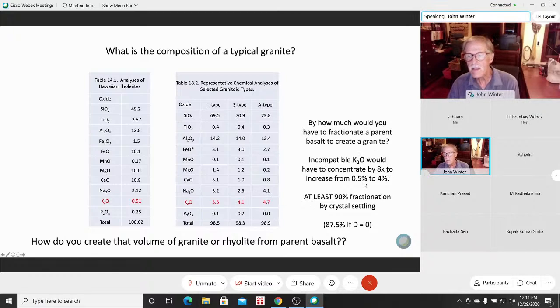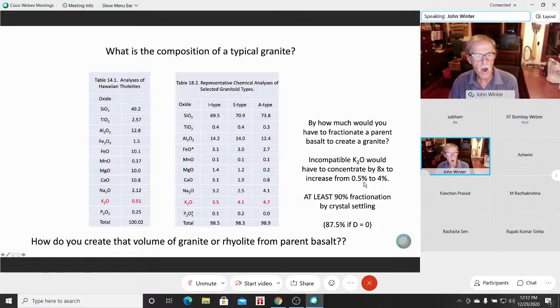Well, you'd have to go up 8 times to go from 0.5% to 4%. That means you'd have to remove 7/8 of the other stuff to concentrate that 1/8 left into granite. So basically, you'd look at around 90% fractionation as a bare minimum, and that's assuming that your bulk partition coefficient was 0.